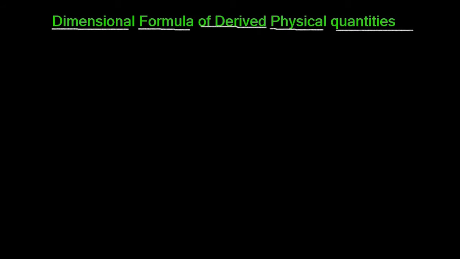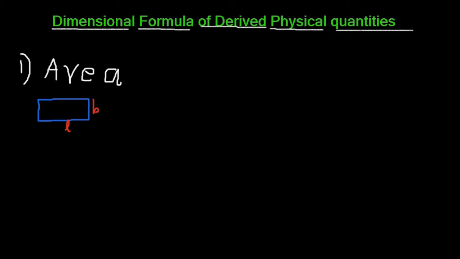Now let's discuss the dimensional formula of derived physical quantities. The first one we're going to look at is area. What is area? Usually area is the product of length and breadth. The formula for area is length times breadth.